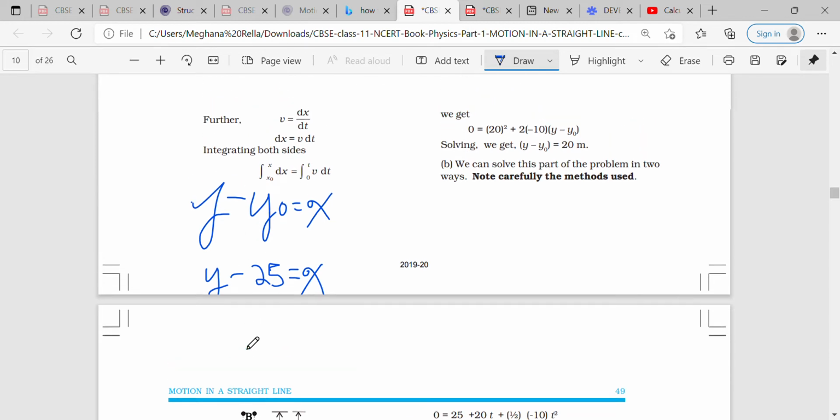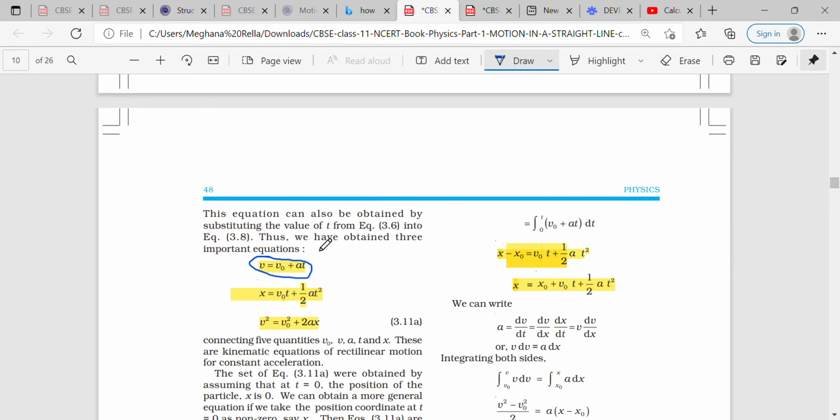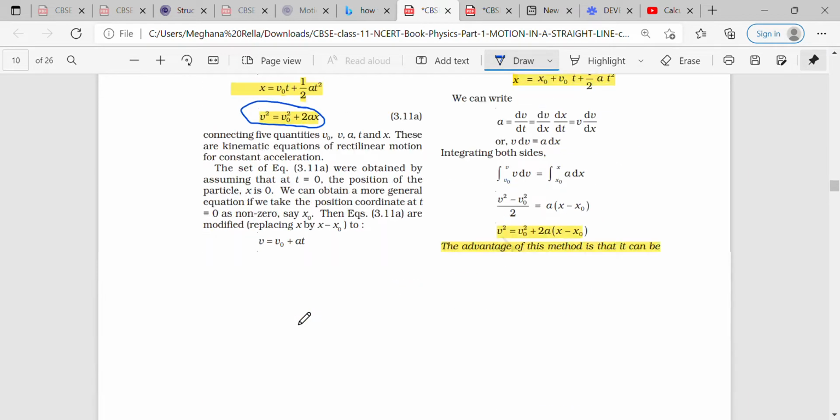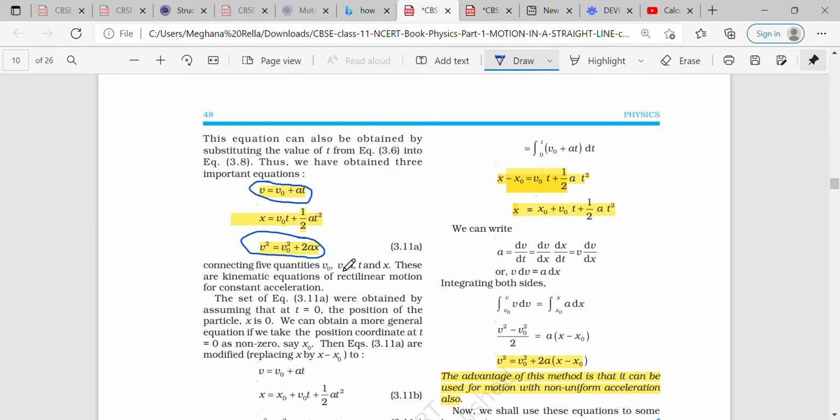Which formula do you think we should use from all of these three? I think this one will be appropriate. No, we don't need acceleration. This one, because we have the velocity. We just have to find displacement. So v squared is this.